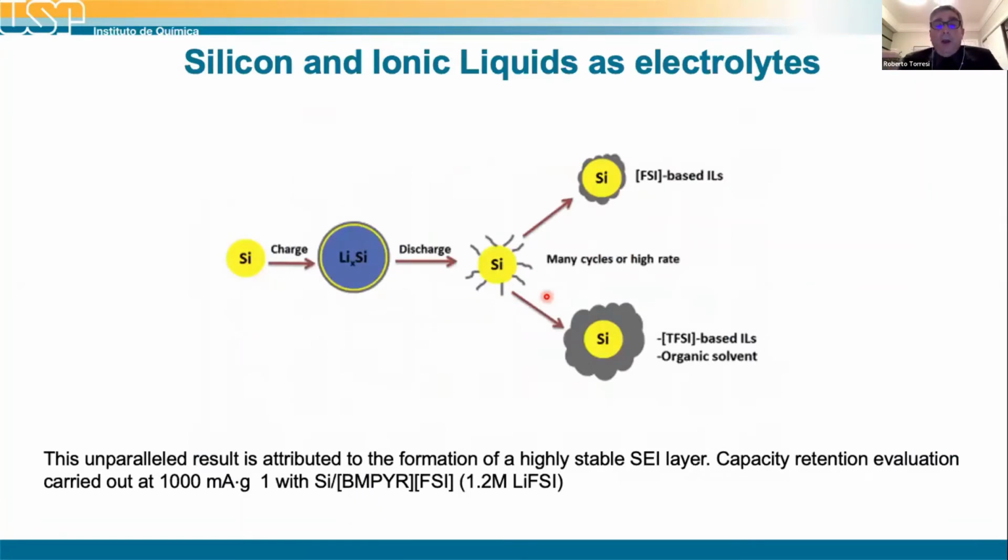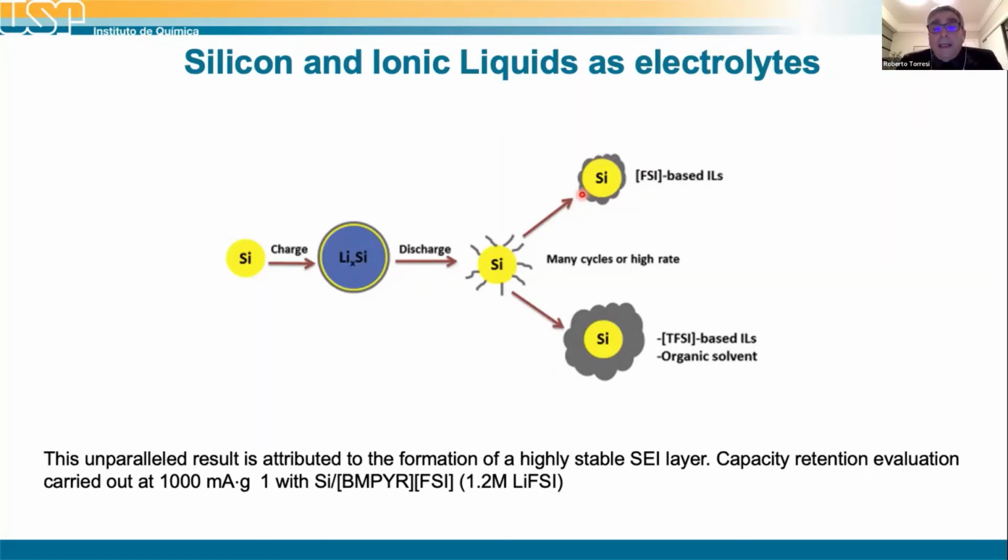So it seems that this is better, and well, they did another kind of experiment to try to identify what is happening with the SEI layer, and we think that in the case of FSI, you have a very compact layer. After, I will show you some XPS experiments, not in the case of the silicon, but in the case of the spinel electrode, to show that you have the formation of this protective layer in both cases.